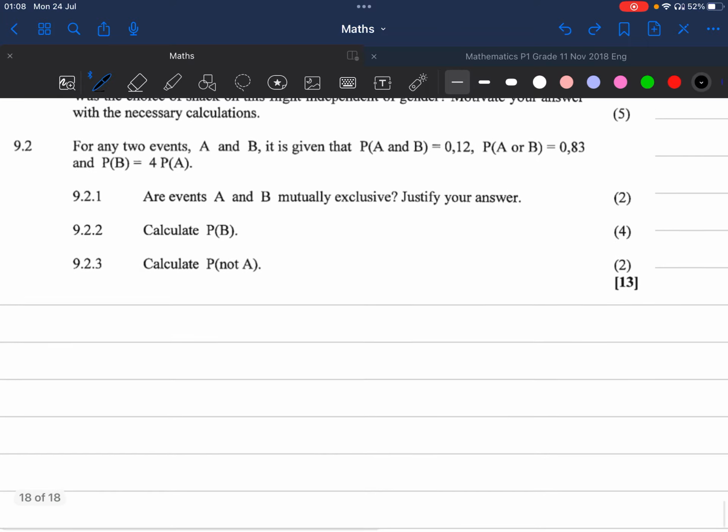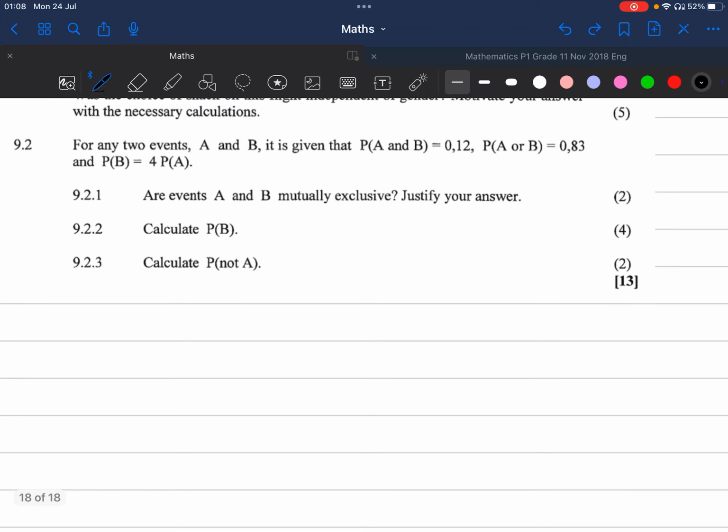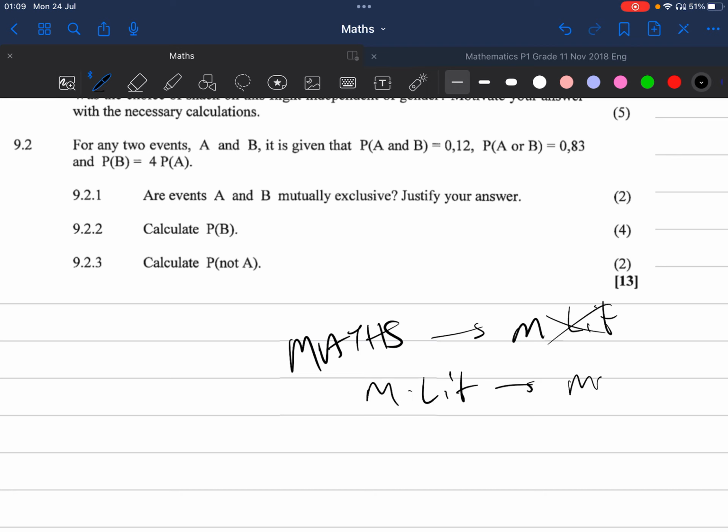Are the events A and B mutually exclusive? What does it mean to be mutually exclusive? It means that if you pick A, you can't pick B, and if you pick B, you can't pick A. An example of this would be choosing between maths and maths lit in school. If you do maths, you can't do maths lit, and if you choose maths lit, you can't take maths.